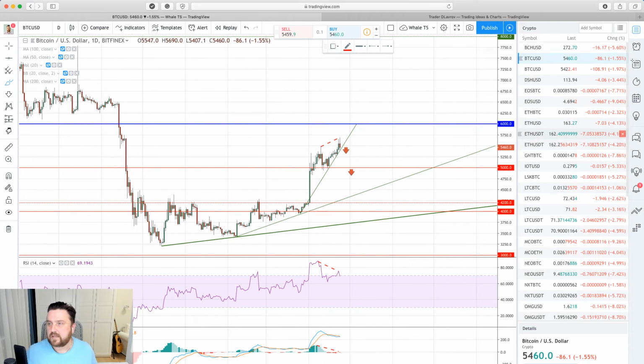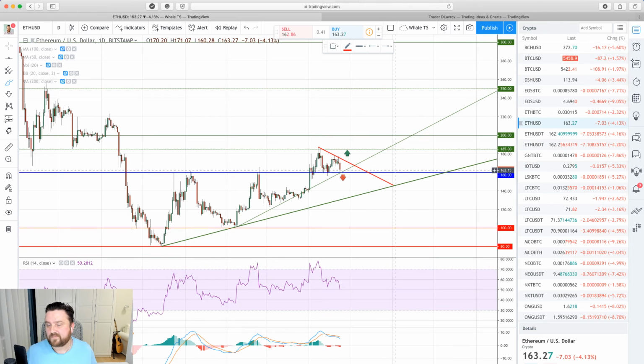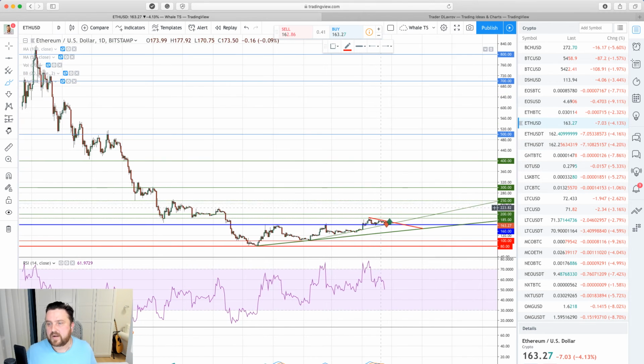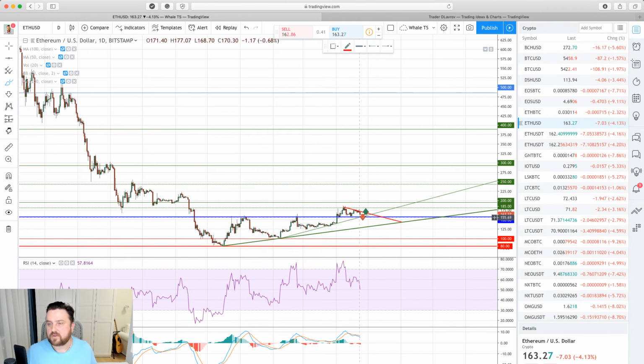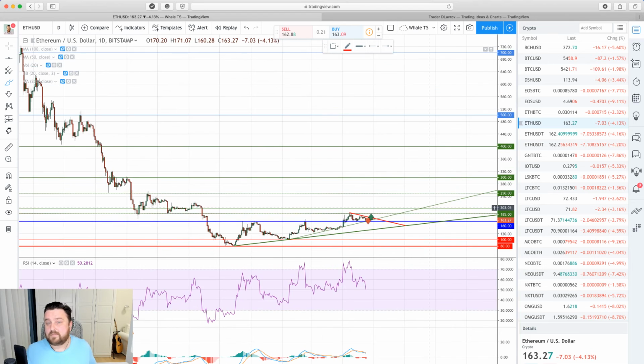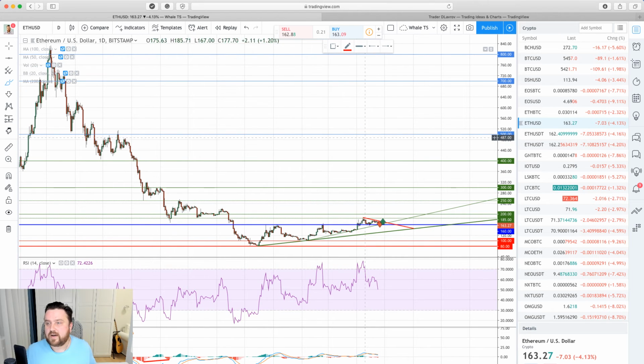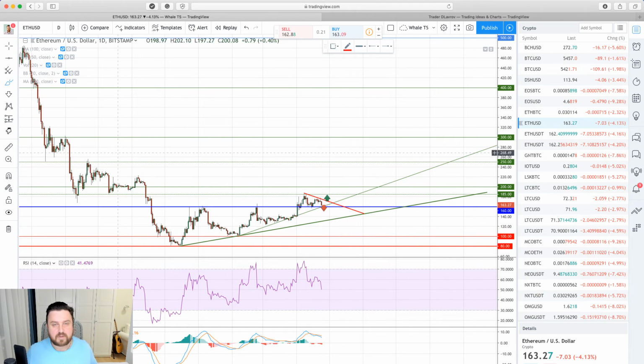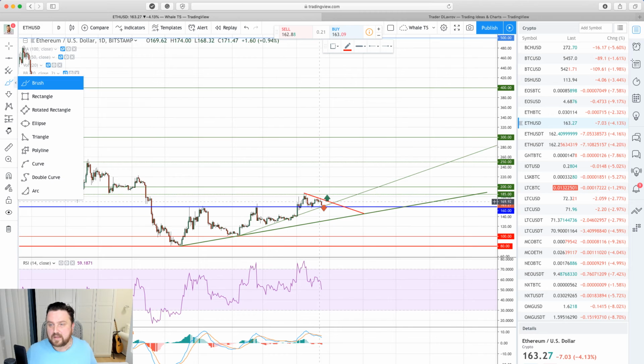Let's say if we talk about Ethereum, okay, the price is not far from a strong support level. It is 160. If you have targeted 500, why not buy it now? Of course, not to invest all money. Just invest a part of your capital.